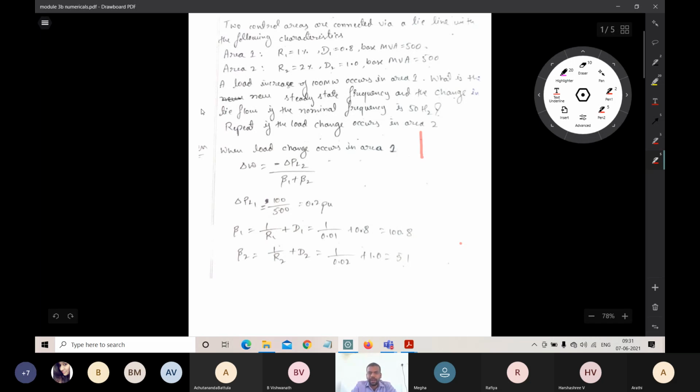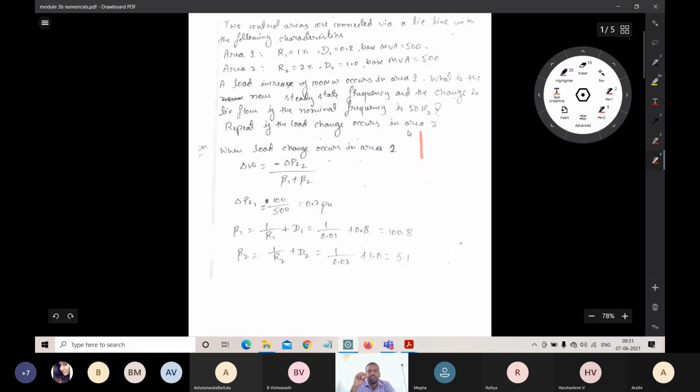In area 1, the 100 megawatt load is increased. So what is the new steady state frequency and the change in tie flow with respect to the nominal frequency? Here he is asking what happens to the steady state frequency when the change in load occurs at area 1. Then he has asked to do the same for a change in area 2.